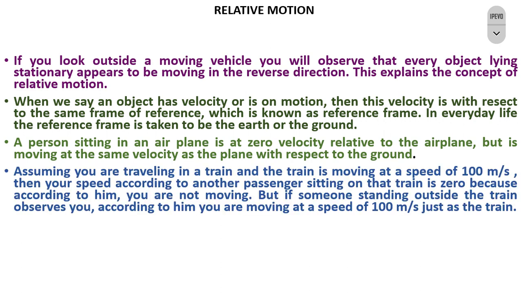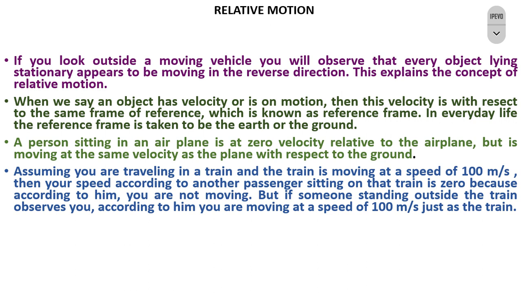Let's look at another example. Assuming you are traveling in a train, and the train is moving at the speed of 100 meters per second, then your speed, according to the other passenger sitting on that train, is 0, because according to him, you are not moving.